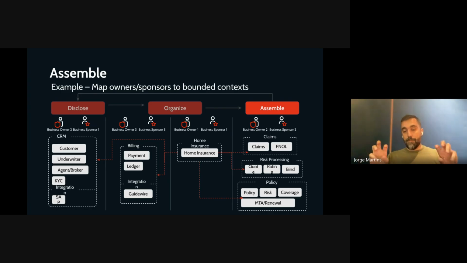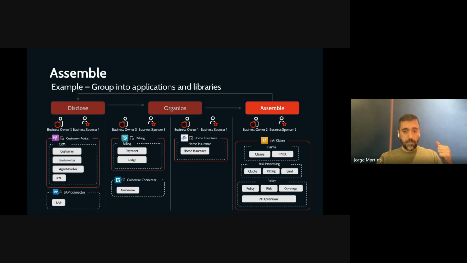Now, based on this mapping, we can identify apps and libraries that are needed. So now we can easily understand how to assemble our architecture and break it down into actual ODC applications and libraries. The goal here is always to ensure the right balance between cohesion and loose coupling.